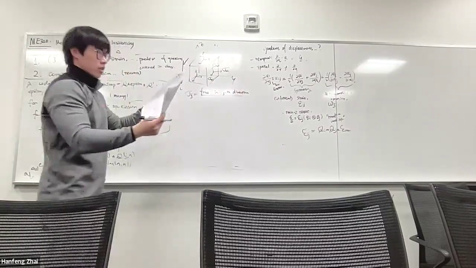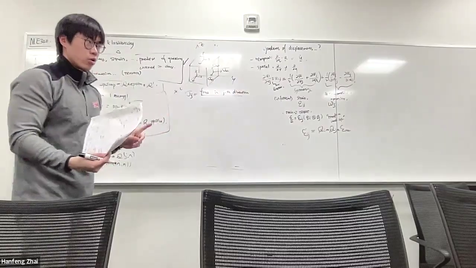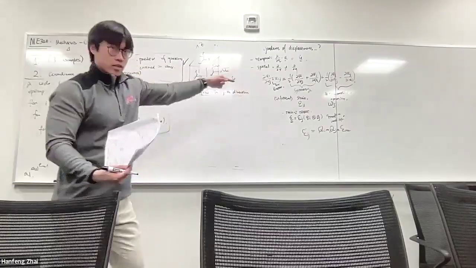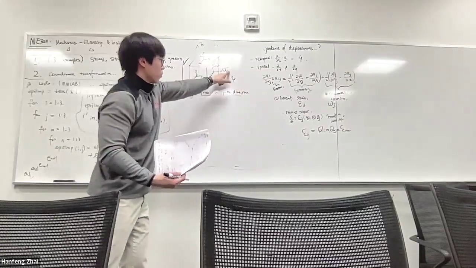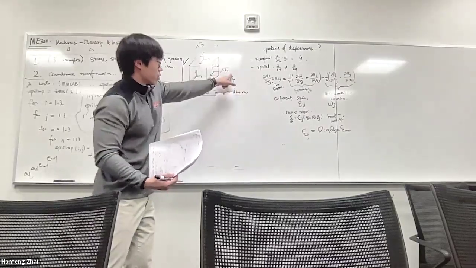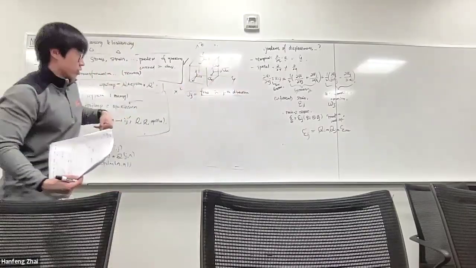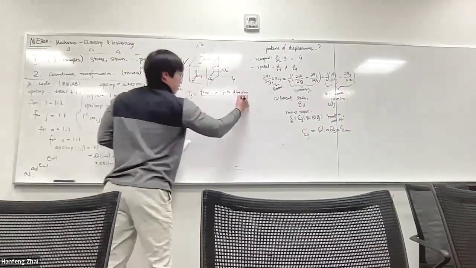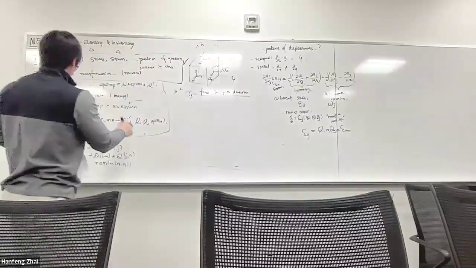So whenever you see a stress tensor component, you want to see which direction it is pointing to. If it's pointing to the y direction, then the j component should be 2. If it's pointing in the x direction, then the j component should be 1.